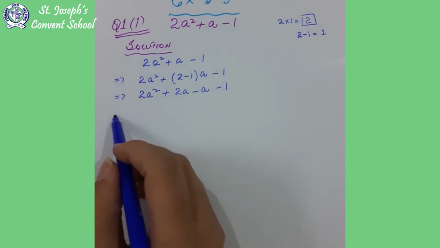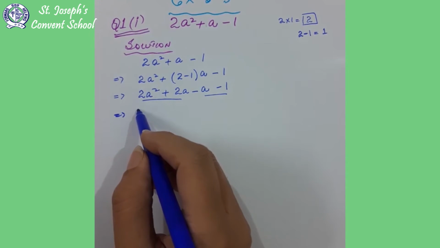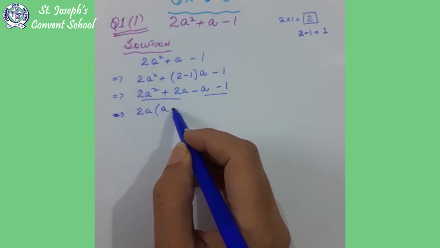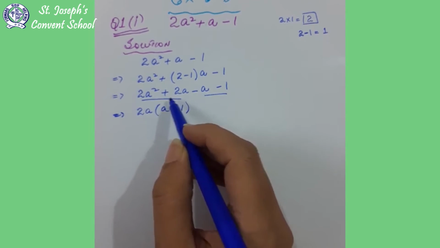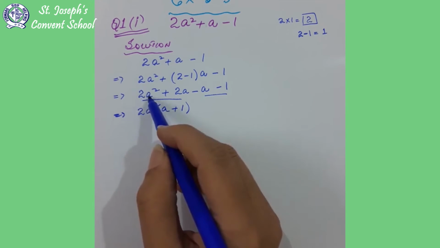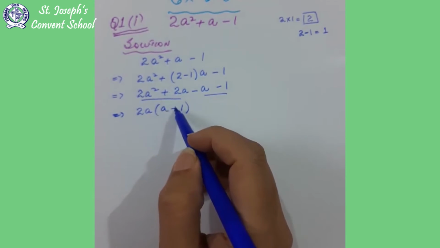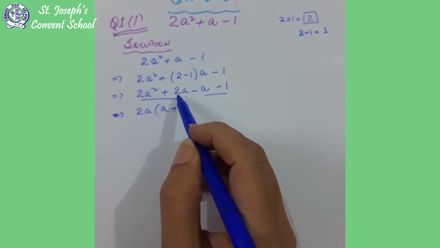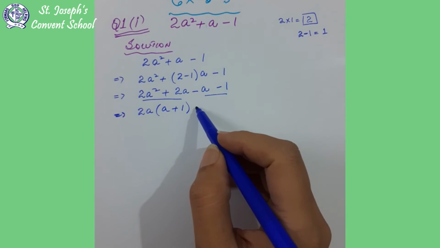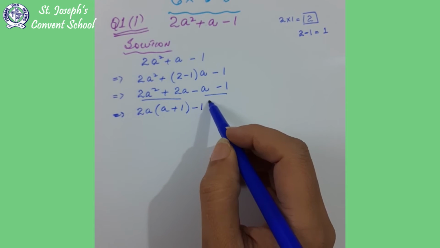Now you will take common from first two, then from last two. 2a is common, remaining term a plus 1. Okay, 2a is common, so 1a will come. 1a is common, 1a is remaining, plus 2 ones are 2, right? And a is common. Minus, now what is common here? 1. Okay.